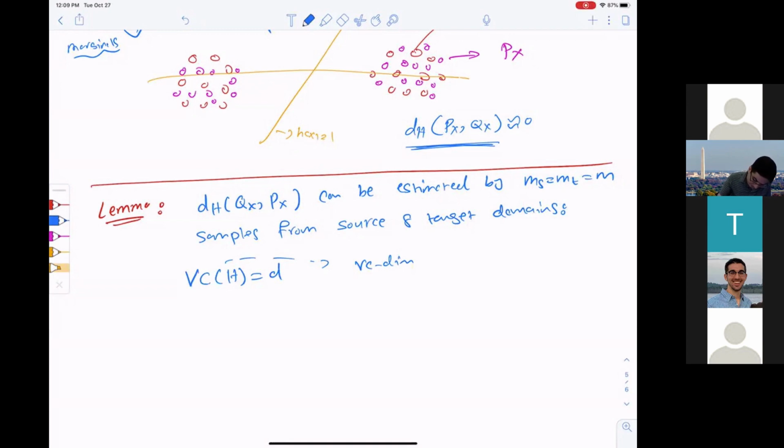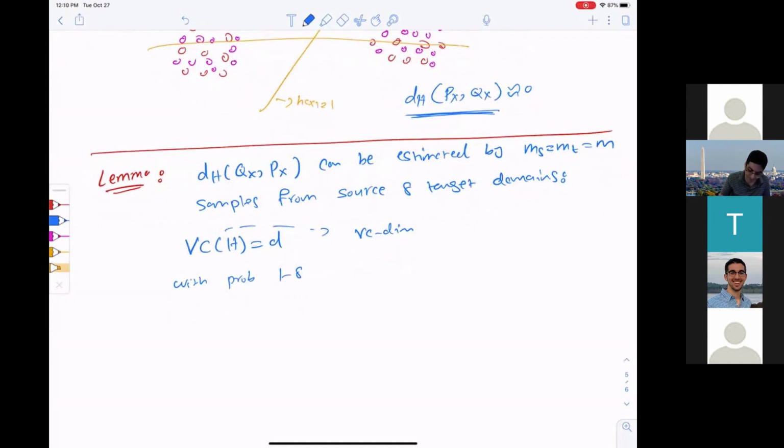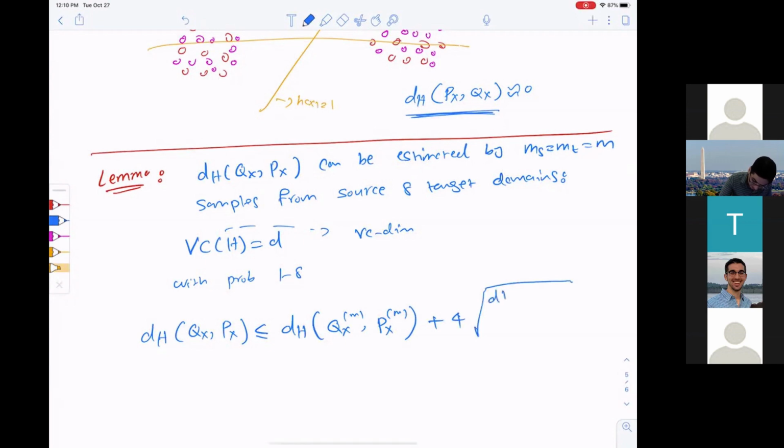If that's the case, then with probability 1 minus delta, if I have M samples from my distributions, I have a bound on the true H divergence between them by the H divergence between their empirical versions plus a term that depends on the VC dimension and M, the number of samples.